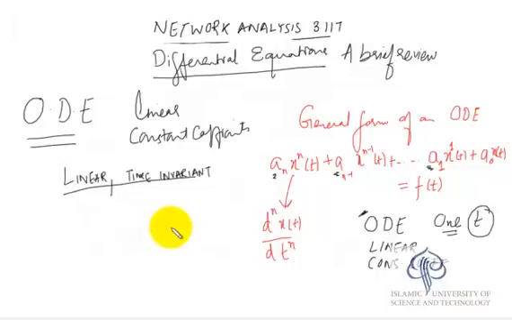So time, x, y, and z, 4 independent variables. Like for example, in electromagnetics, you study partial differential equations. So that's why this is an ordinary differential equation, because there is only one independent variable, that is time. It's a linear differential equation because it obeys linearity.